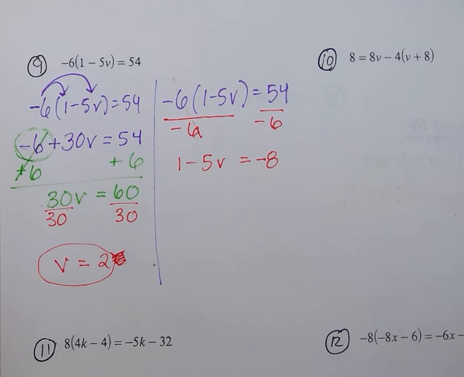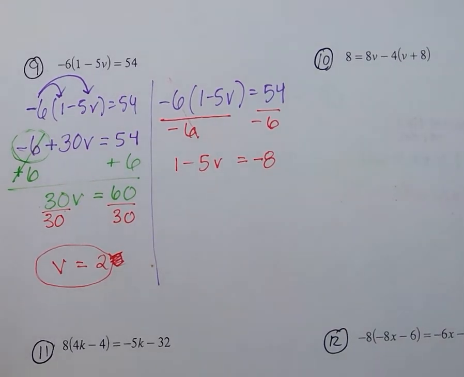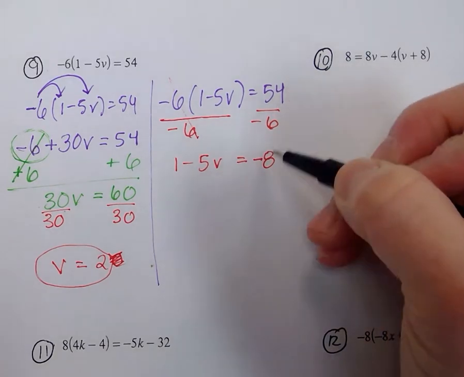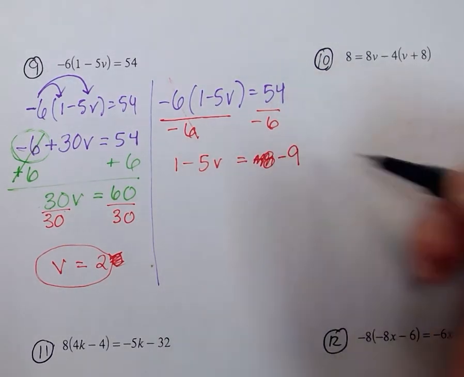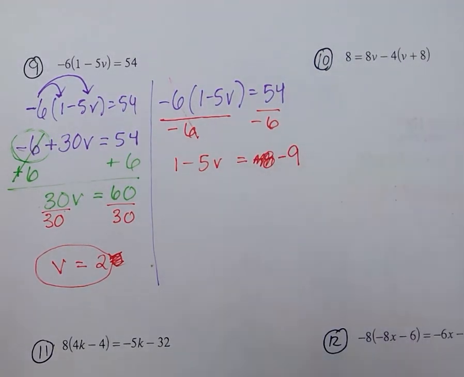Hold on a second. What did I copy down wrong? Let me do my division correctly. -9. I knew that didn't look right. Okay, so that's -9.